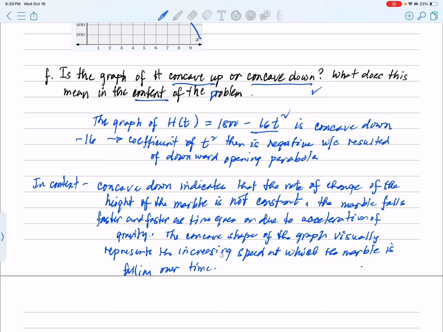And you know the concavity, when the height of the marble is decreasing as it goes down to the ground, it results in a concave down.